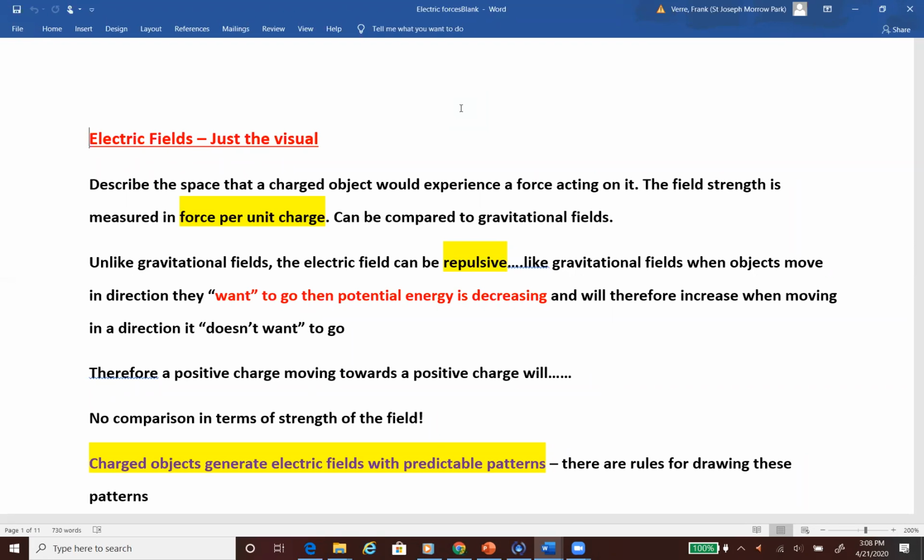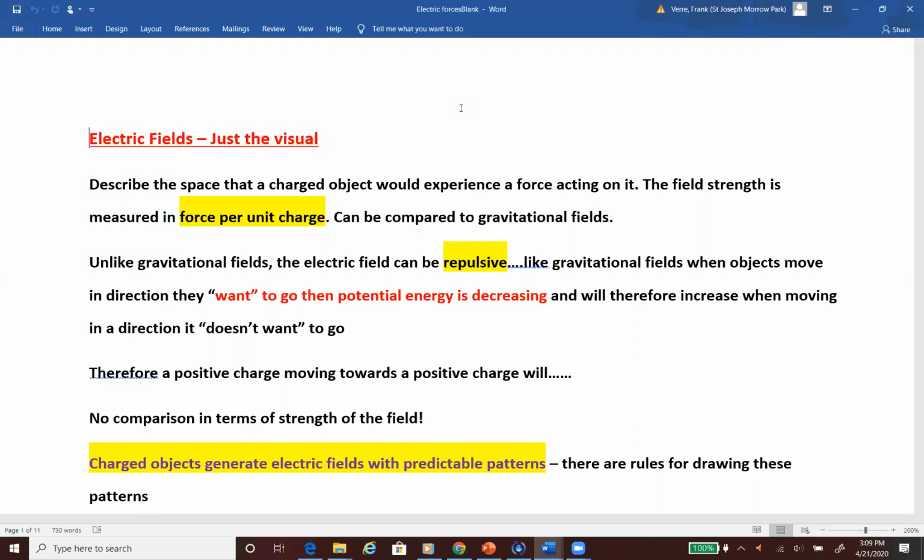Okay. So today we are going to look at electric fields, and we're going to focus on what they look like. Okay. Last time we did gravitational fields, and that's kind of neat because now we can compare the two. So the electric field is the area where if you have a charged particle, it's going to exert a force on other charged particles.